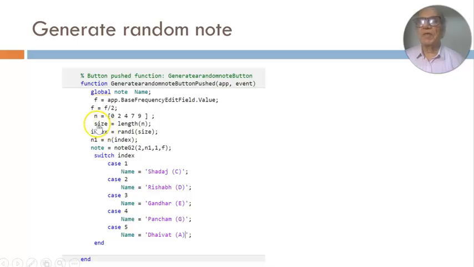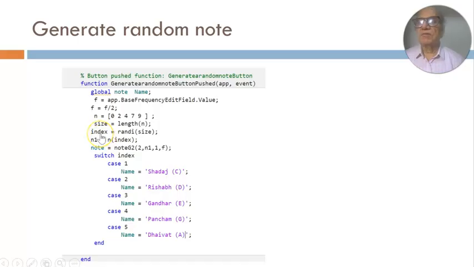Then we want to generate a note number which is randomly chosen from these. How do we do that? We first find the size, that is the length of n. In this particular case we know that it is 5, but someone who is modifying the program may include more notes. In that case it is good to have a size variable which denotes the length of the n vector.